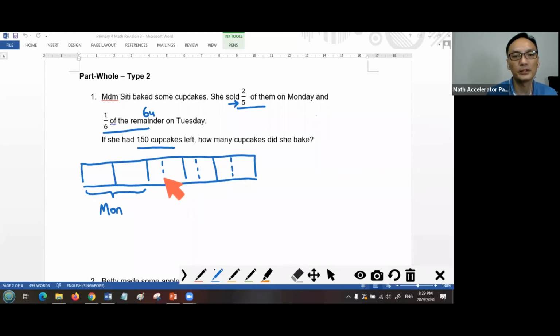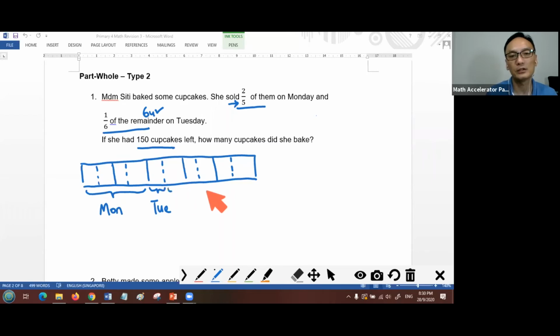So this is called splitting the unit, splitting the model. Now we count again. 1, 2, 3, 4, 5, 6. It matches the 6 units that's required for the remainder. Then we need to shade one of them for Tuesday. Next, we are informed that she had 150 cupcakes left.